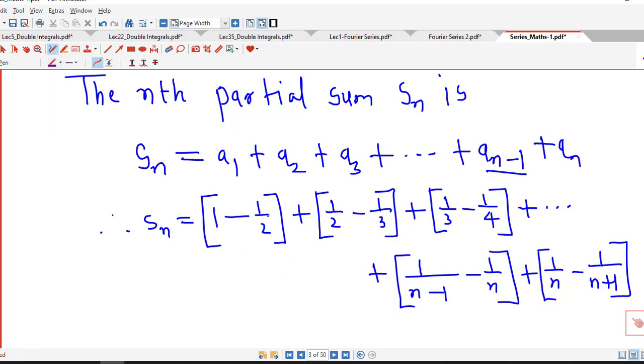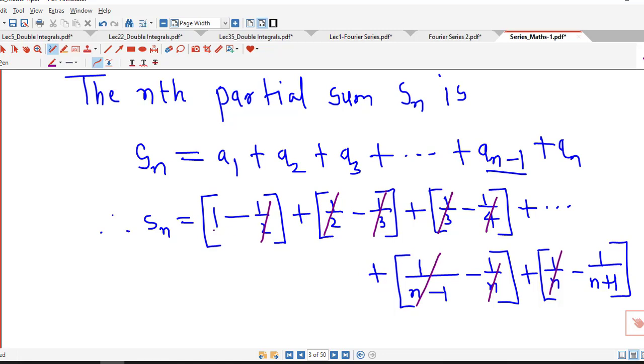Now we can observe that all the terms are in addition, so minus 1 by 2 will cancel out with plus 1 by 2. This 1 by 3 will cancel out with its previous term, minus 1 by n will cancel out with this 1 by n, minus 1 by 4 will cancel out with its next term, and this 1 by n-1 will cancel out with its previous term.